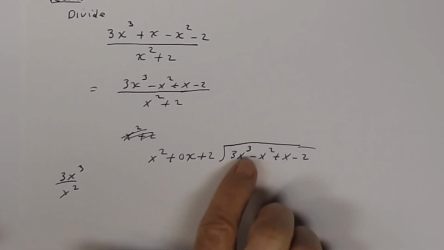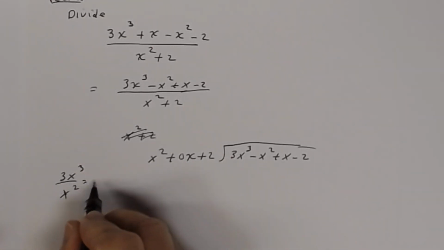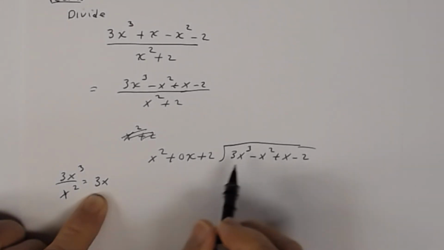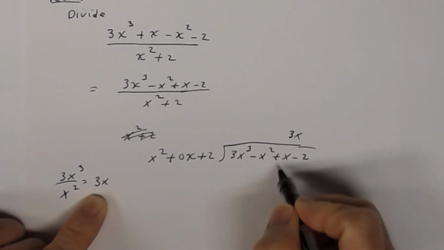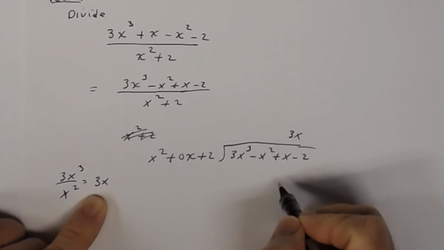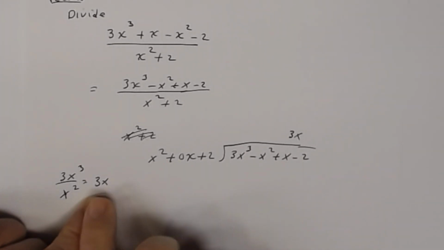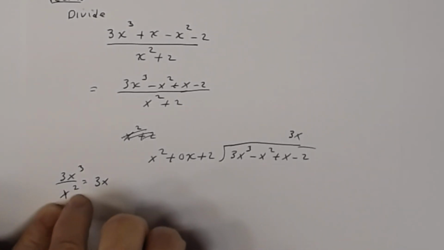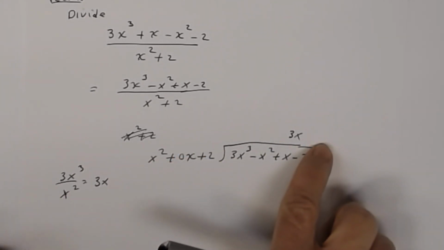That's important. So 3x cubed divided by x squared gives me 3x. When you rewrite it, make sure you put the 3x aligned with the x terms. Now, x squared times 3x will give you 3x cubed, and that's what you're doing here.